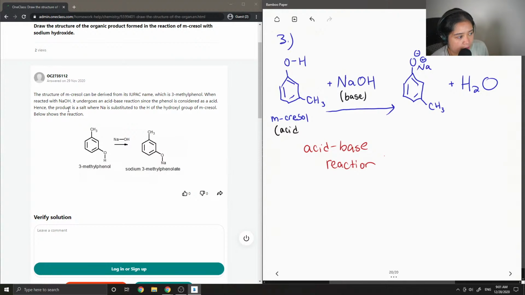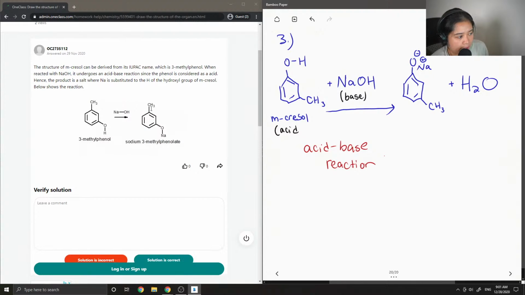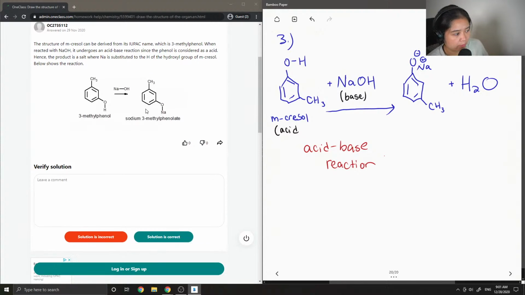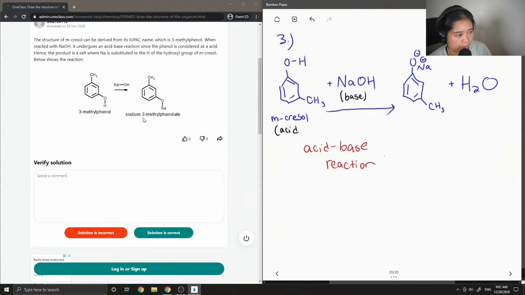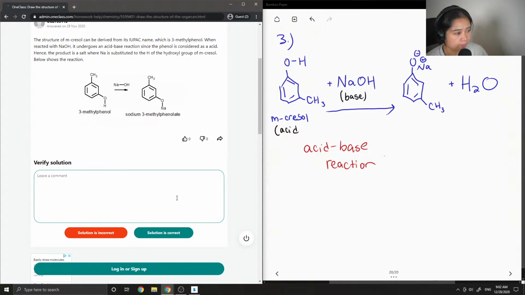Hence, the product is a salt, where sodium is substituted for the hydrogen of the hydroxyl group of mCresol. Below shows the reaction. Yep, so the name of the product is sodium 3-methylphenolate. Okay, so the solution is correct.